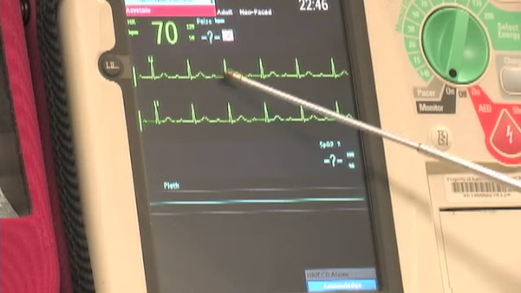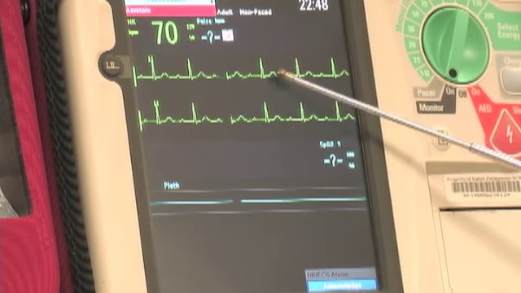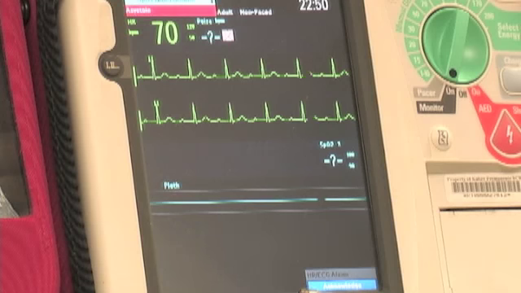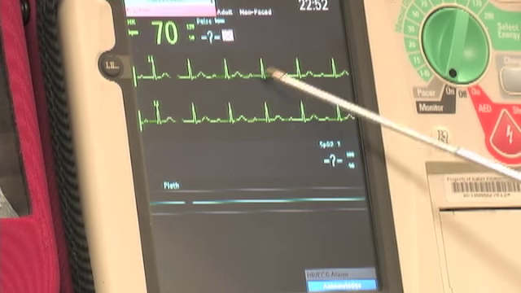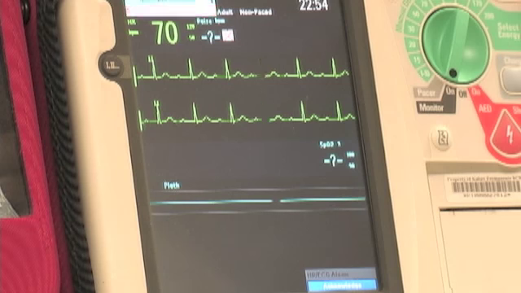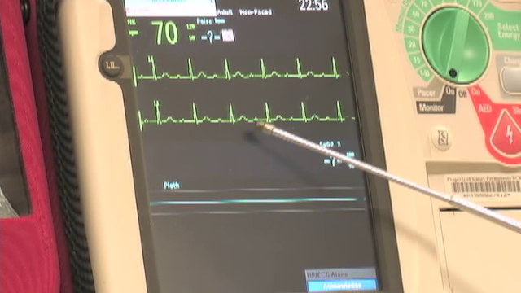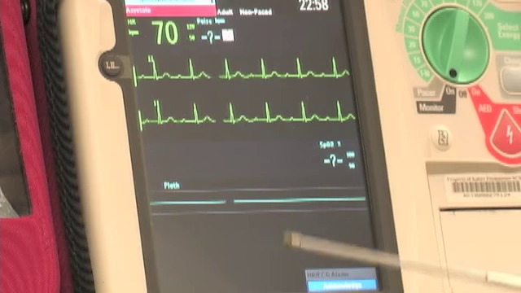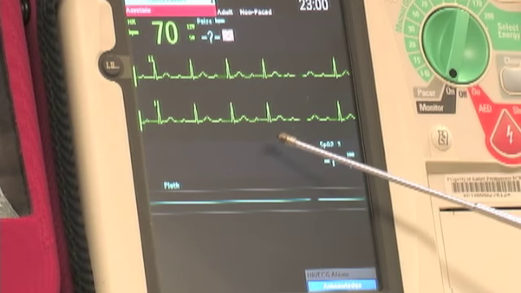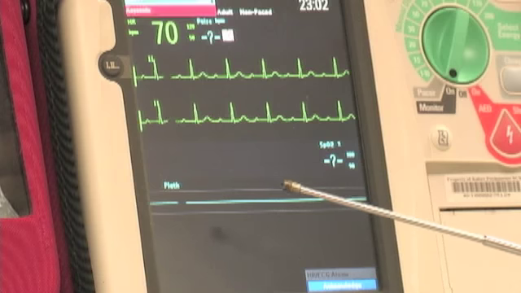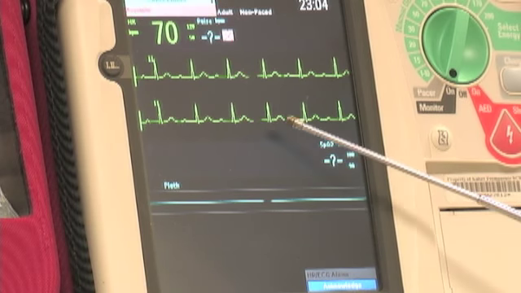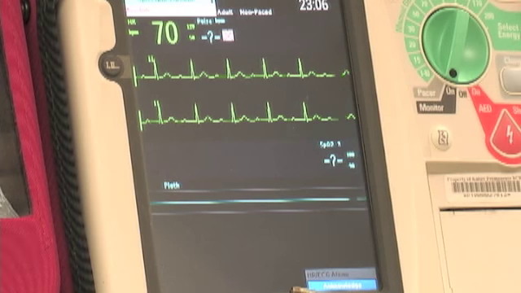I see P waves, P, QRST, P, QRST each and every time. But if you notice, the P wave is kind of set far away from the QRS complex. So it's got a prolonged PR interval. If you were to do an EKG or rhythm strip, you would see it's greater than 2 boxes. So a prolonged PR interval is a first-degree AV block.